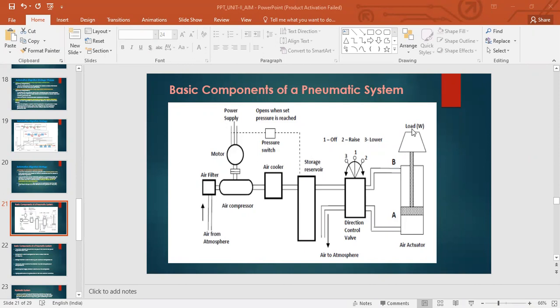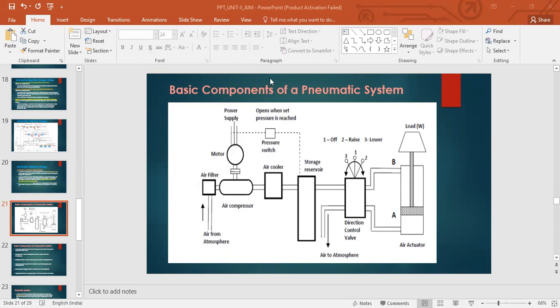So that's what raises the load when you're sending it to A. So we can do this using the control valve. Lowering and raising of the load can be done when this control valve sends the compressed air to different ports, right? And this is the air to atmosphere, the relief valve, you can say. If it reaches critical pressure, air can be released to the atmosphere.